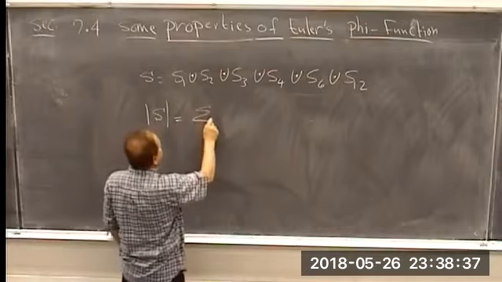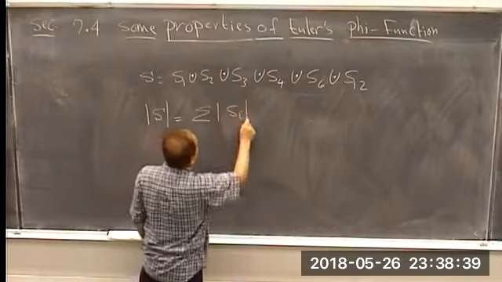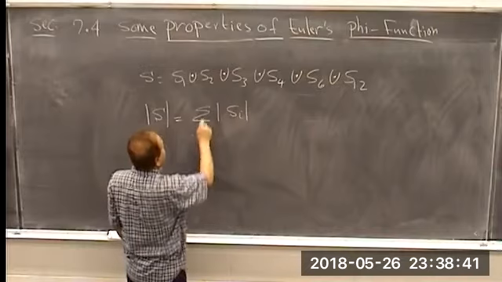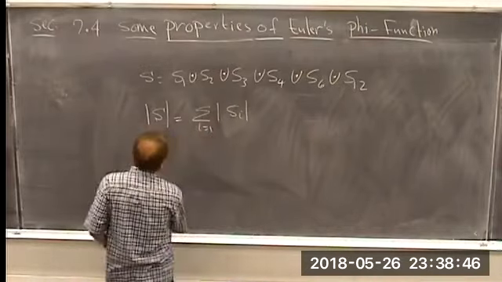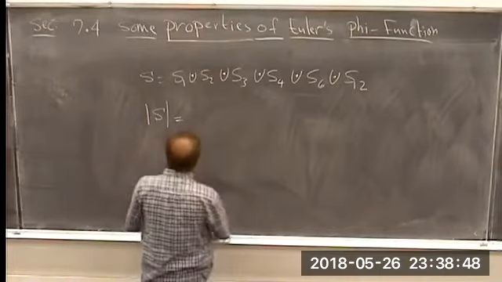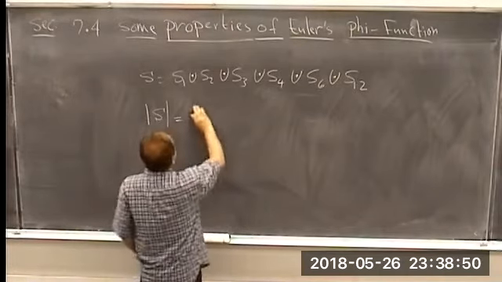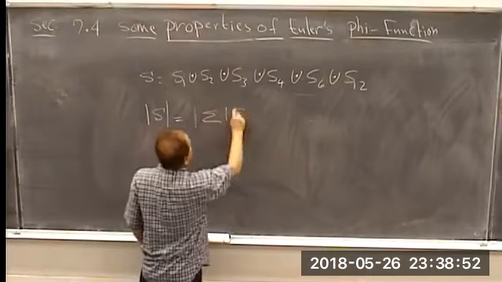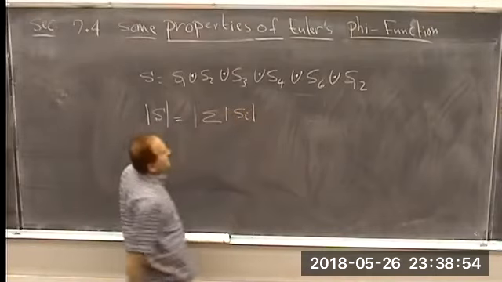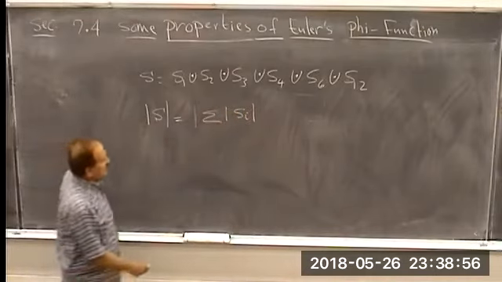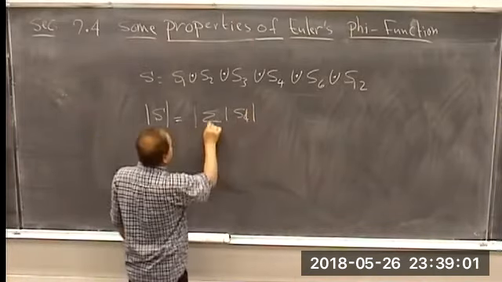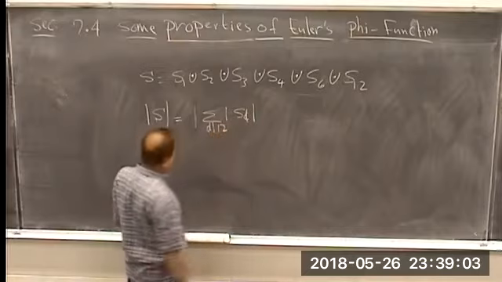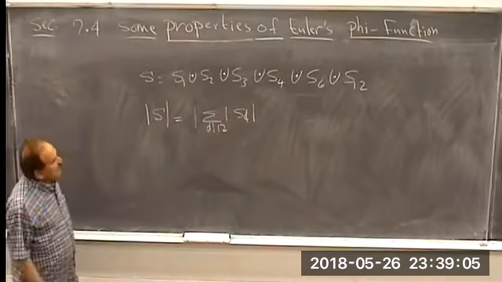So this is going to be the sum of the sizes of S sub d, where the sum runs over D dividing 12.